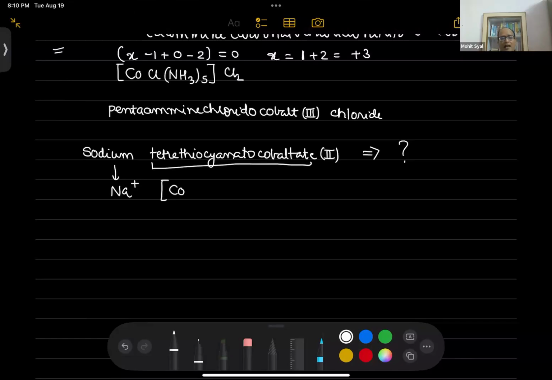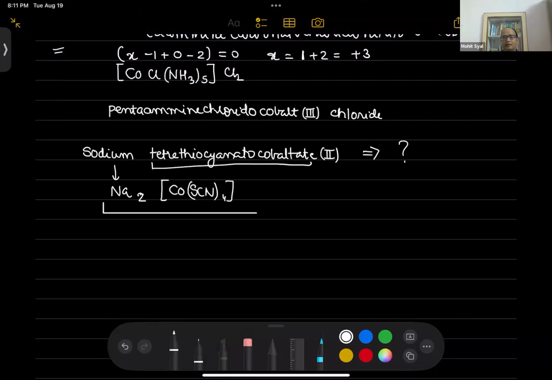This needs to be done as we have discussed in the previous class. Got it? And tetrathiocyanate. Okay. So the total charge is -2, and this is going to be the formula of the complex.